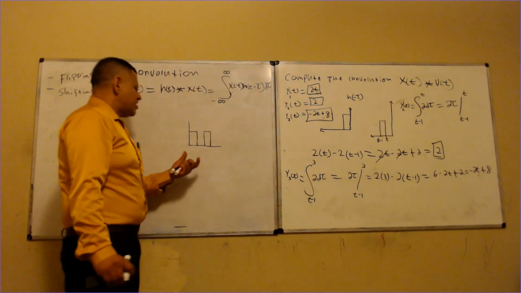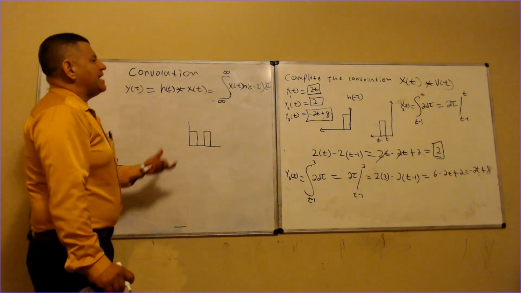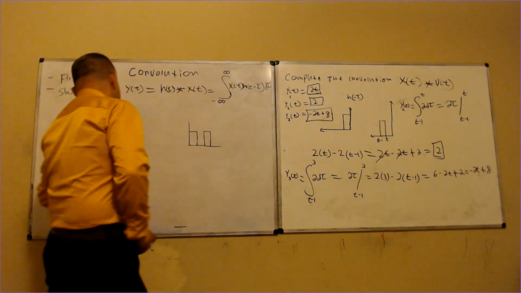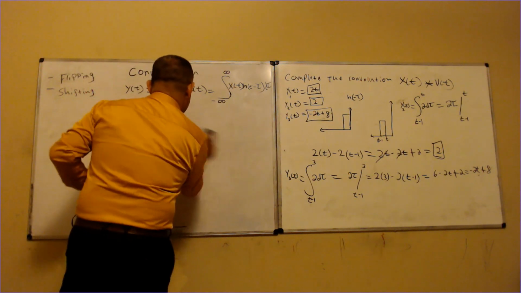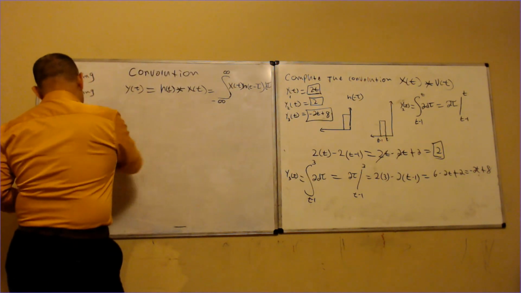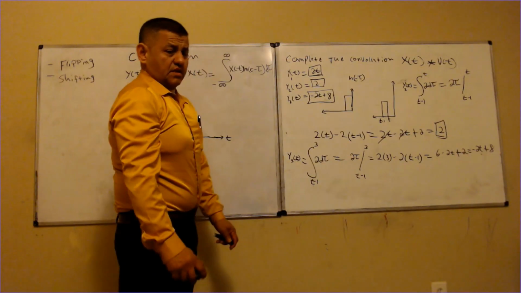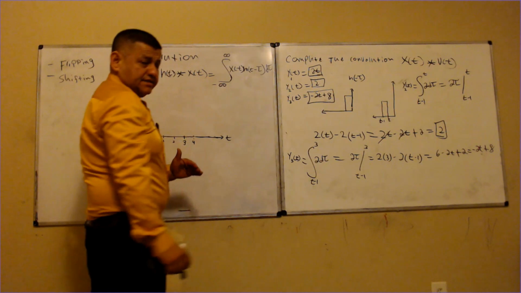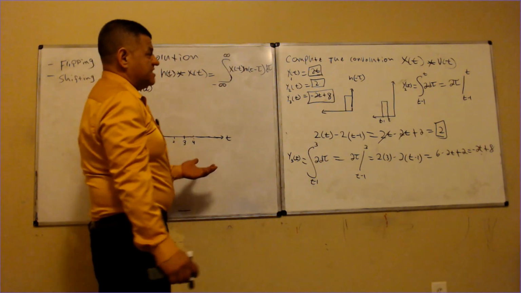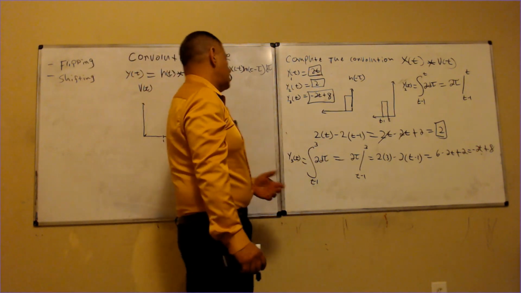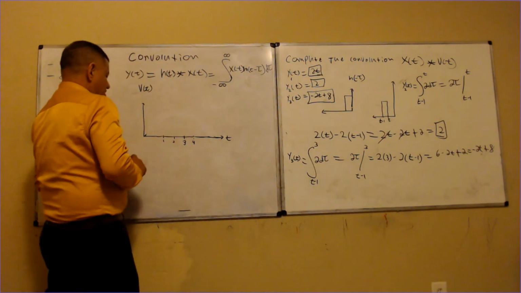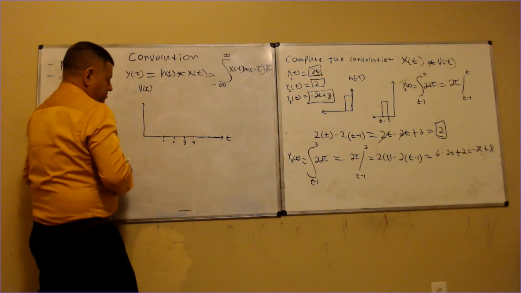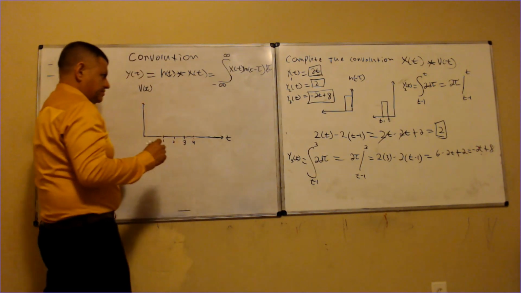So what I'm trying to say is, you can analyze the signals in a couple of different ways. Okay, so all right, let's plot. Plotting this function, or I will say the convoluted signal, again, the convoluted signal, we will have something like this.